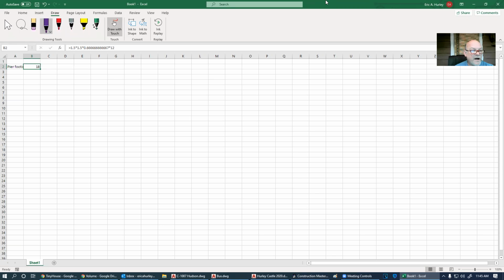So basically what I've got going on with this pier footing is I've taken the 1.5 here. It said that it was 1 foot 6 inches square. So that means that it's 1.5 feet, which is 1 foot 6 inches.